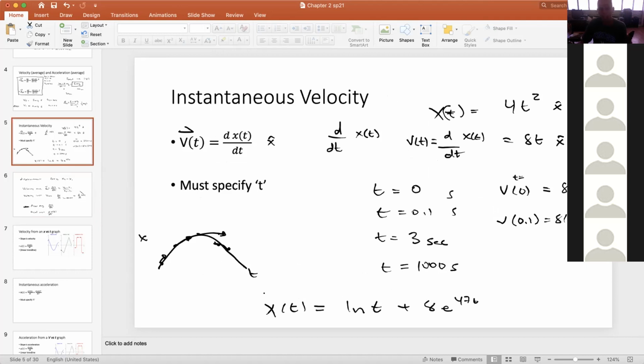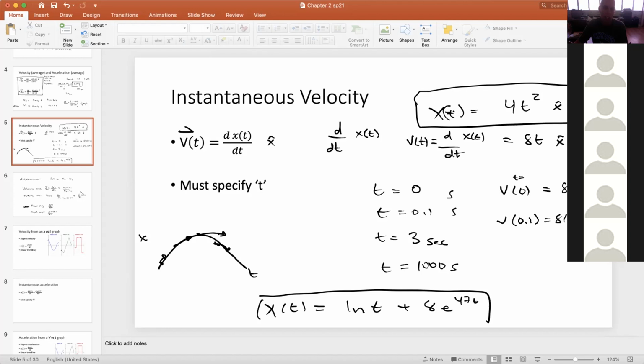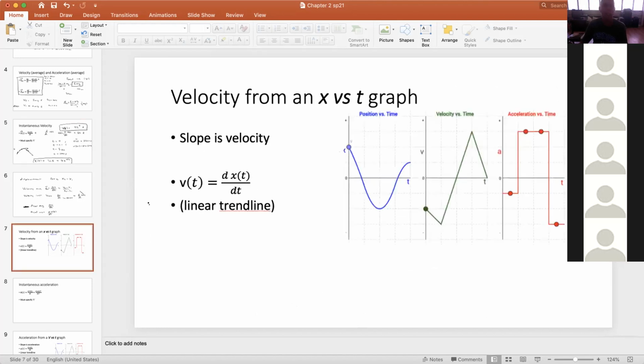I'm just saying your position function could be something really gross. Because I used this really simple function here, I just don't want you to think that it would always be something simple. It could be something disgusting, really hard to take a derivative of. Anyway, just ignore that, Sam. I just wrote some garbage down.